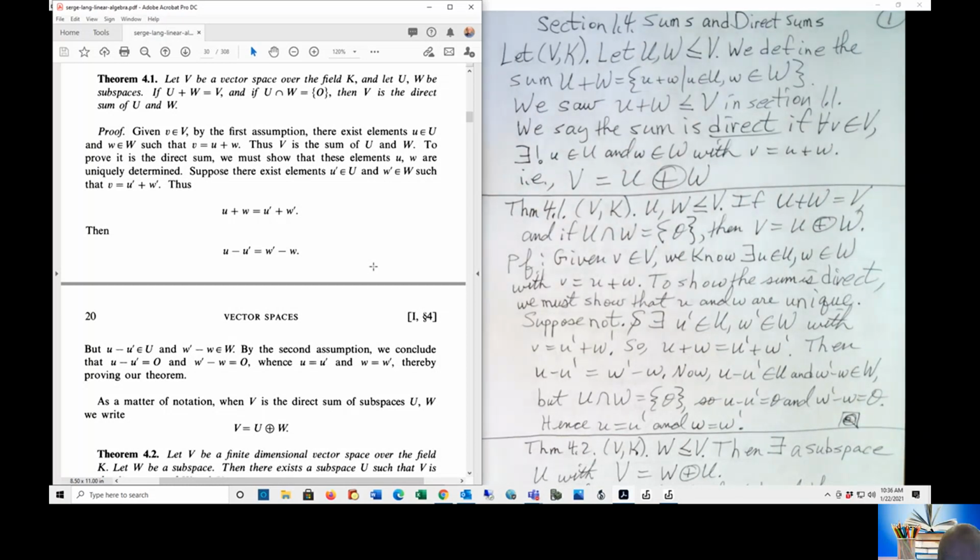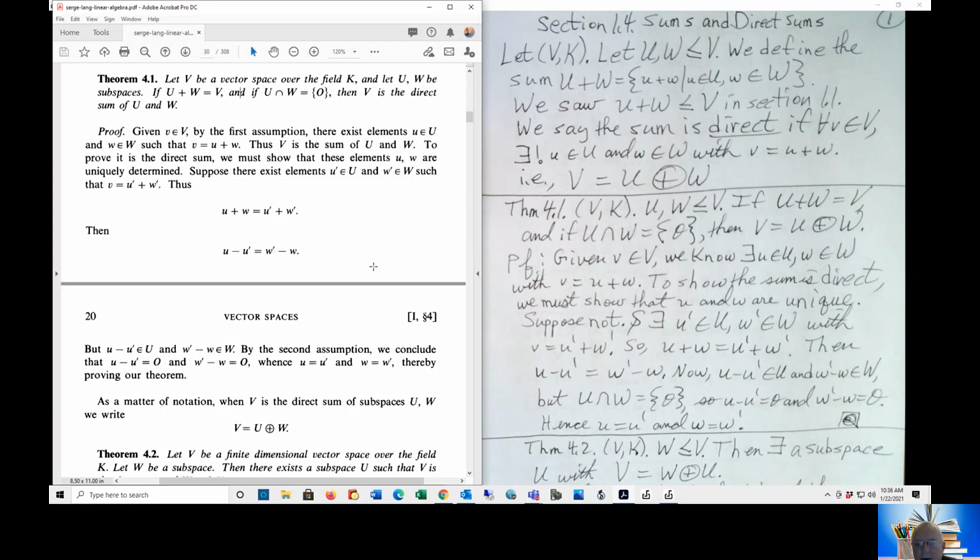Hence, u equals u prime and w equals w prime. So that proves our theorem: the vectors u and w are unique, knowing that the intersection of U and W is only trivial. So that's the criterion for the sum being direct. The only vector that U and W have in common is the zero vector.